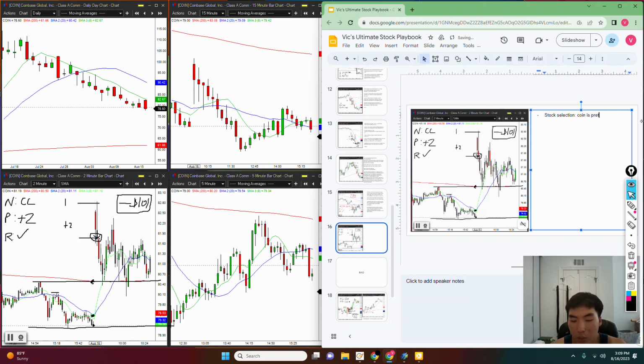Coin is pretty spready, so it's hard to get precise fills. So you might want to account for that in your risk calculations. Okay. What else we got?